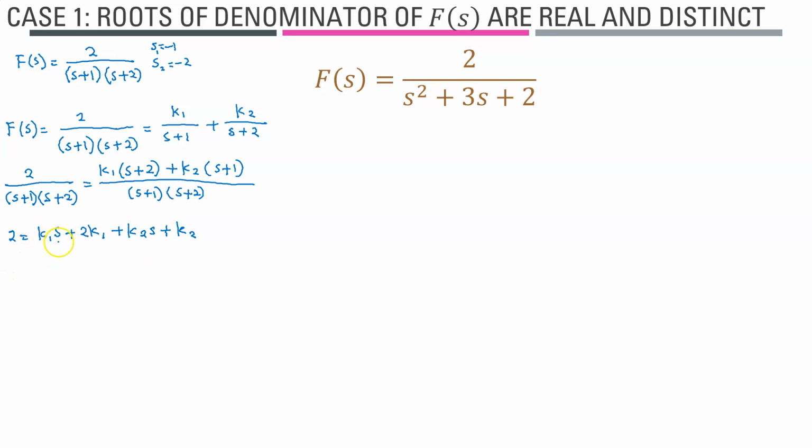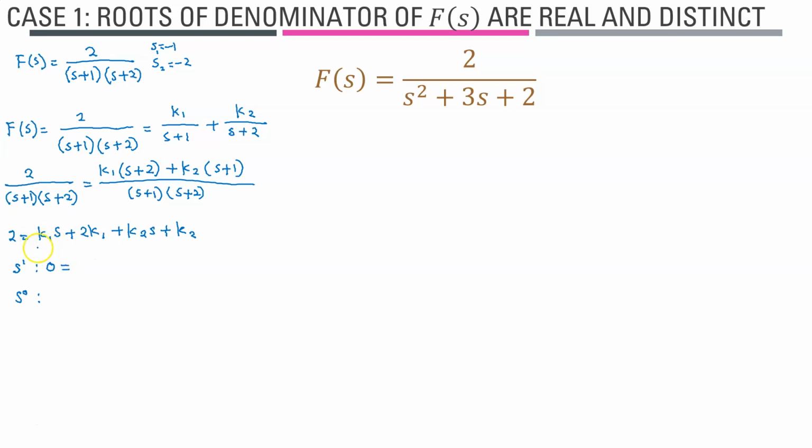Since s to the power of 1 is the highest power of s, we write here s to the power of 1 and s to the power of 0, which is equivalent to 1. On the left hand side of this equal symbol, we don't have any s, so it equals 0.